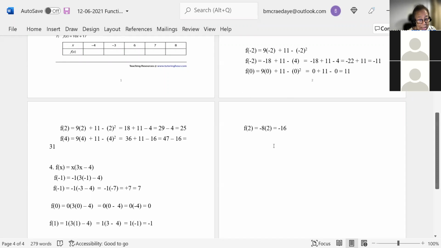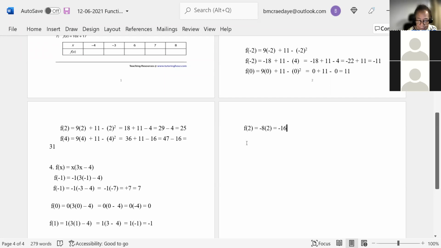The only way it would be positive is if they both were negative or if they both were positive. Just remember, when the signs are unlike, you get negative. Plus times minus gives negative, minus times plus gives negative. Minus times minus gives plus, plus times plus gives plus.